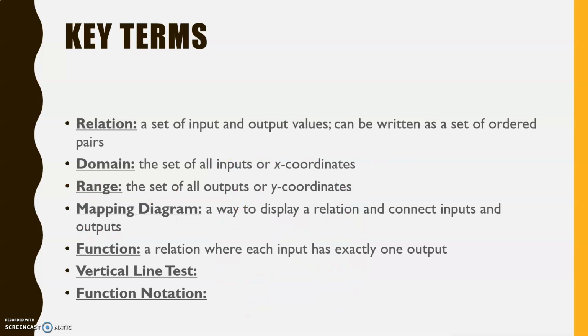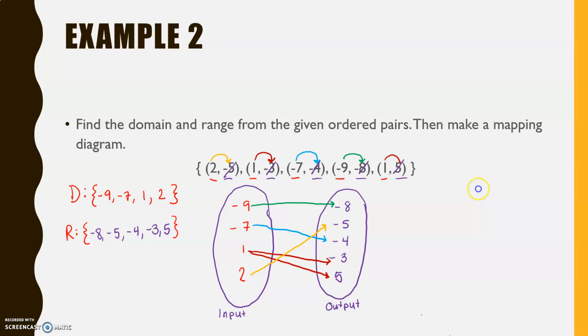A function is a relation where each input has exactly one output. So for every number that I put in, I get exactly one value. So if you look at this, do you think that this would be a function?